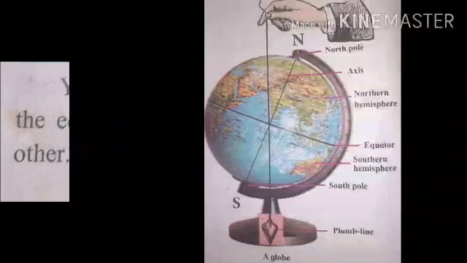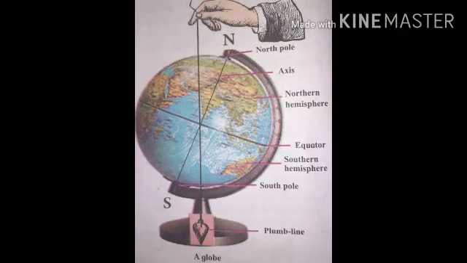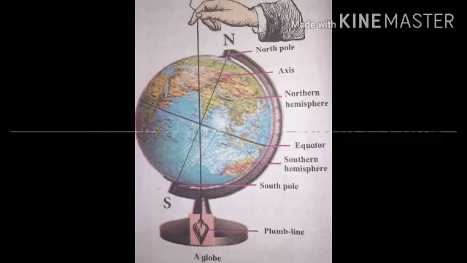Now, what is the plumb line? A plumb line is a thread held with a weight at the bottom, hanging near the globe. The Earth's axis is at an angle to it. So there you can see the globe in position.